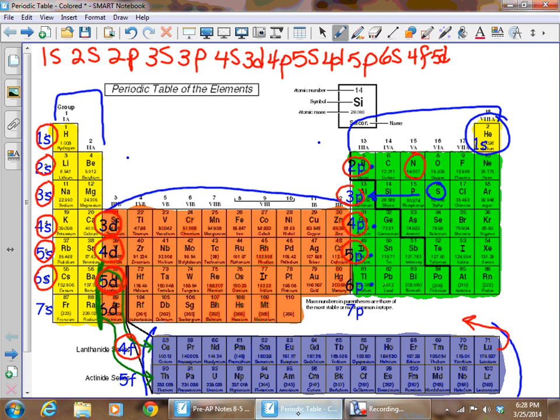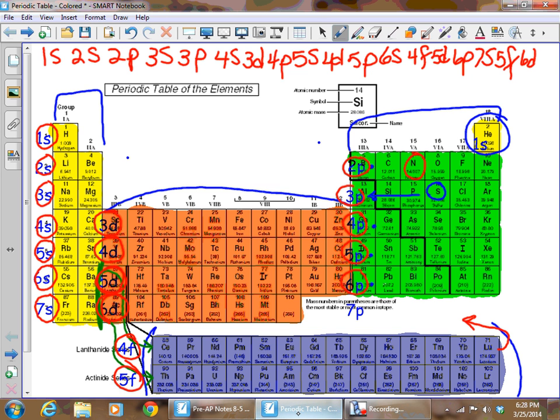After 5d, we come to 6p. After 6p, 7s. Notice what happens after 7s. We pick up that green arrow and move down to the 5f. After the 5f, we pop back up and pick up 6d.